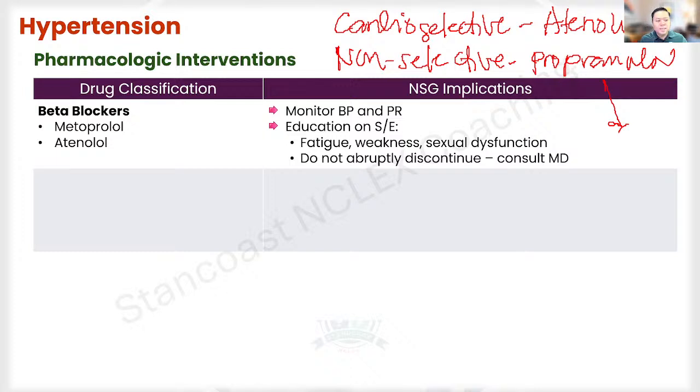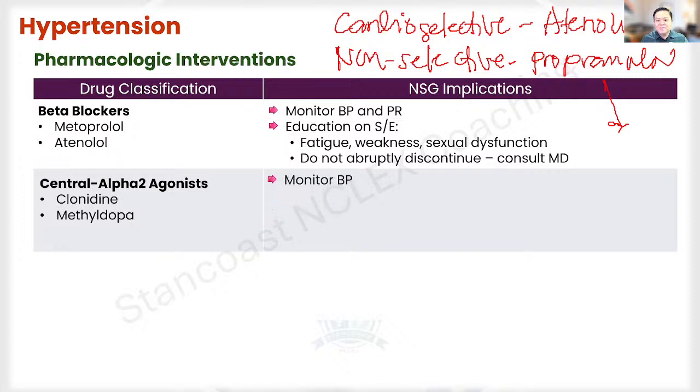All right. Moving into the next classification, we have the centrally acting agonist. It's represented by the clonidine and the methyldopa. It has a very unique action in controlling the blood pressure. It will cause sedation. It will cause vasodilation by decreasing sympathetic nervous system stimulation, or decreasing outflow from the sympathetic nervous system.